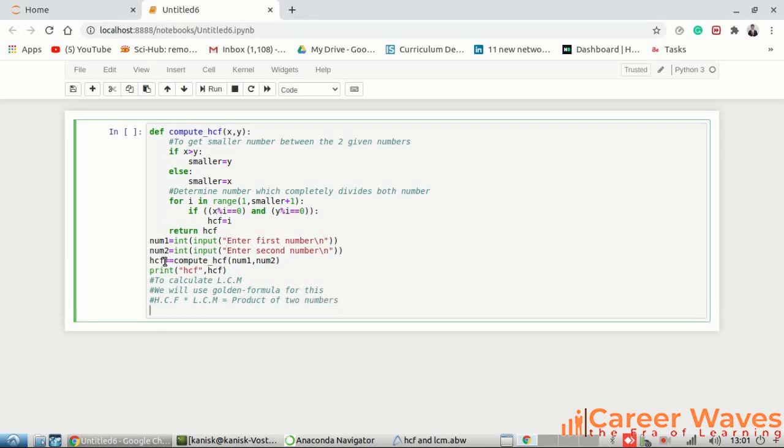So we already have the product of two numbers and HCF we have calculated here.